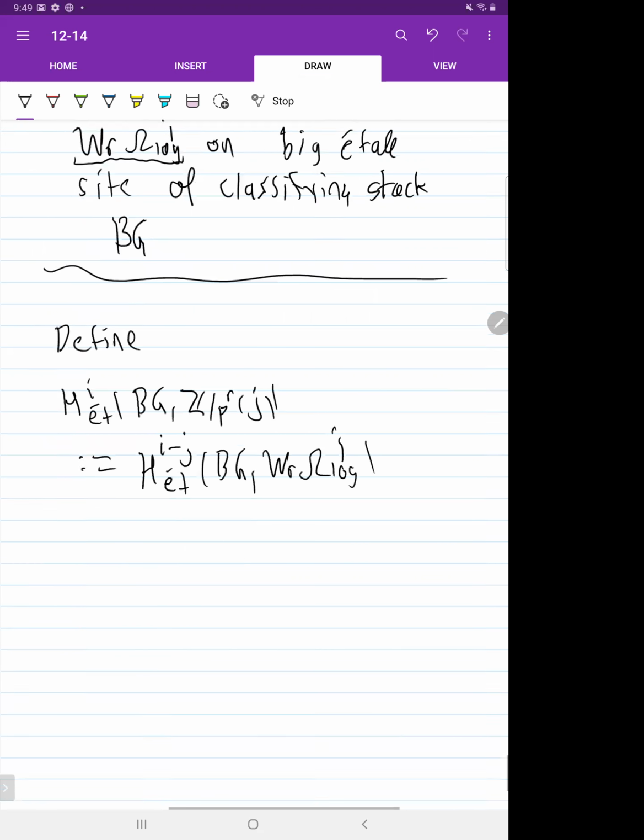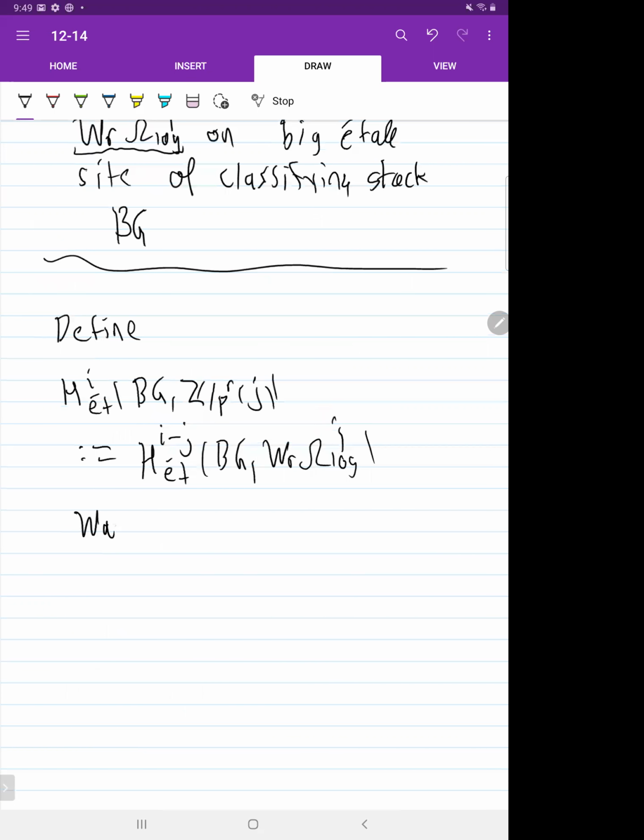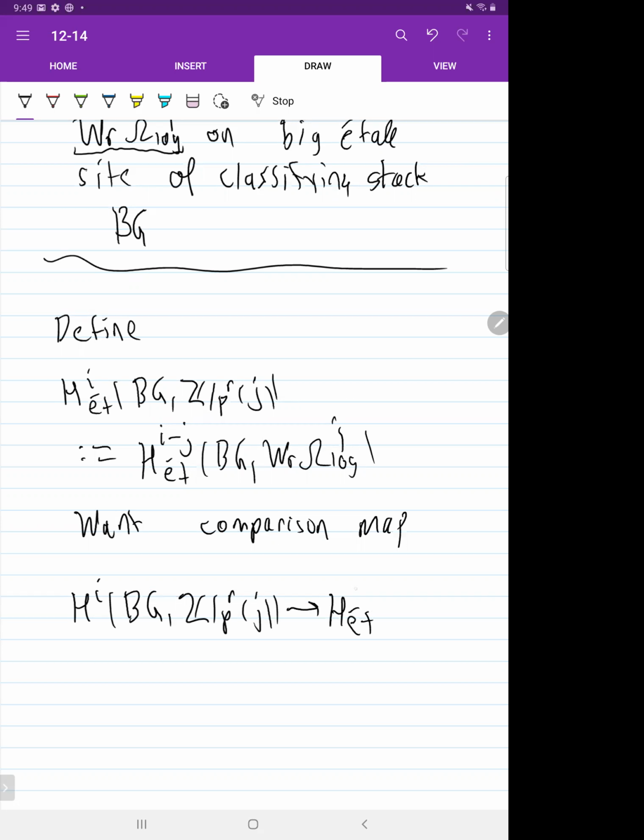Now we want a comparison map, a cycle class map, from the motivic cohomology of the classifying space to the étale motivic cohomology of the classifying stack.